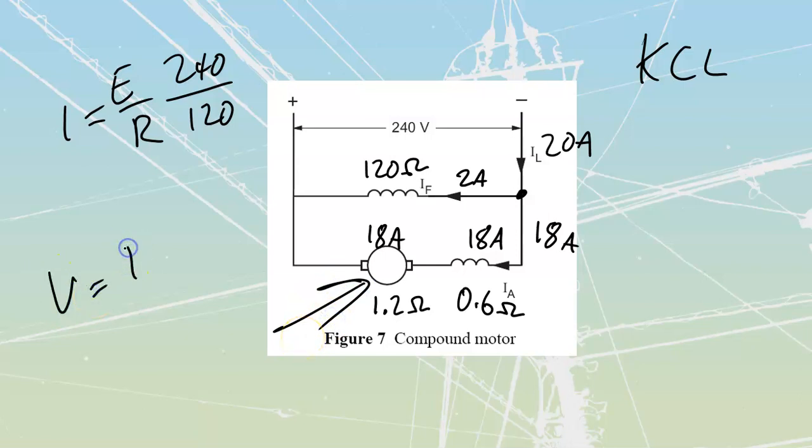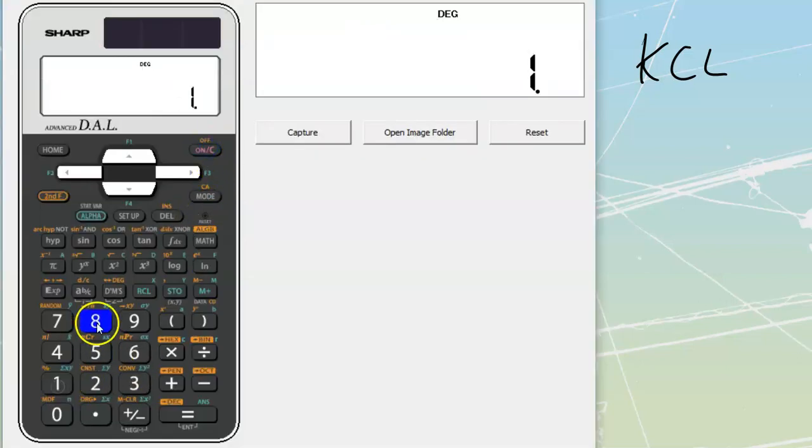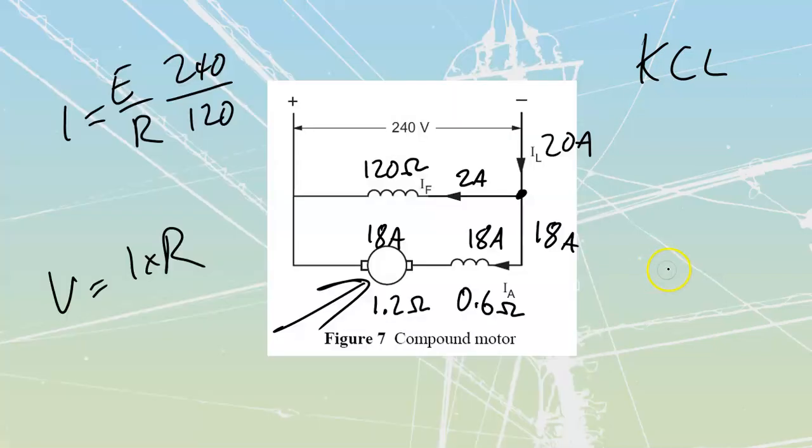V is equal to I times R, so I can take 18 amps multiplied by 1.2, which gets me to a value of 21.6. I see that I'm going to be dropping 21.6 volts across here, which would mean I must be dropping the remainder across here, right?